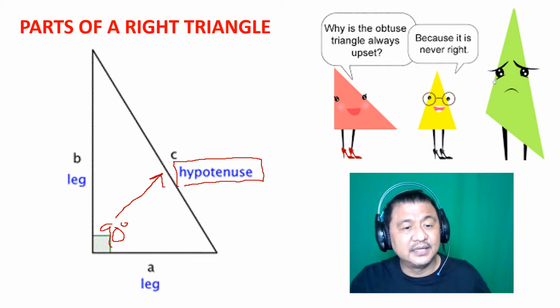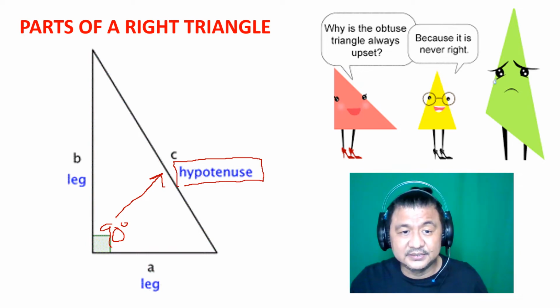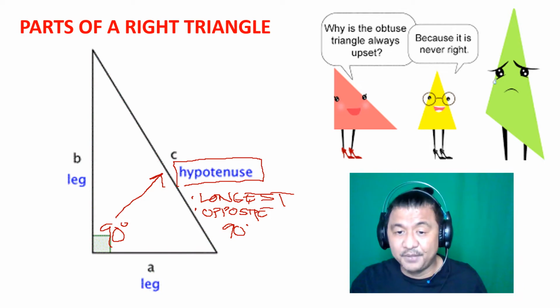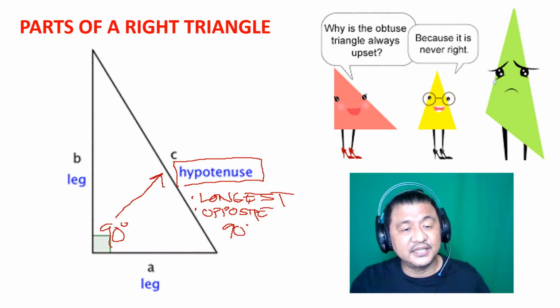And this is the longest side, opposite your 90-degree angle. Okay, hypotenuse. And then the other sides are now called the legs. The leg A and the leg B.